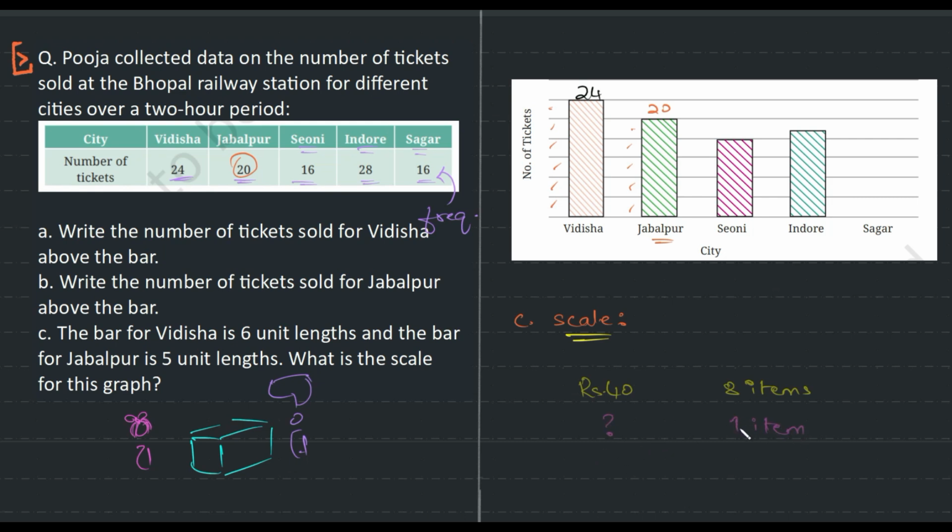How much will a single item cost? Option A, is it 8 times 40? Option B, is it 40 by 8? Or option C, is it 8 by 40? What do you think it is? I hope you guys chose option B. So that's the answer.